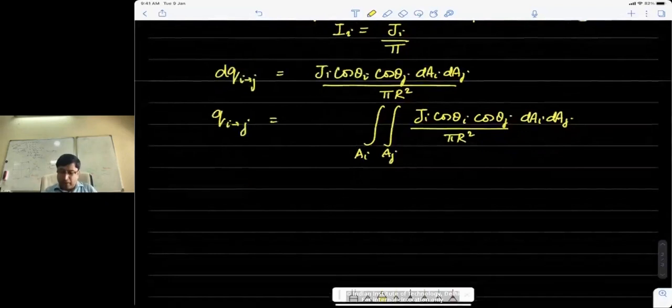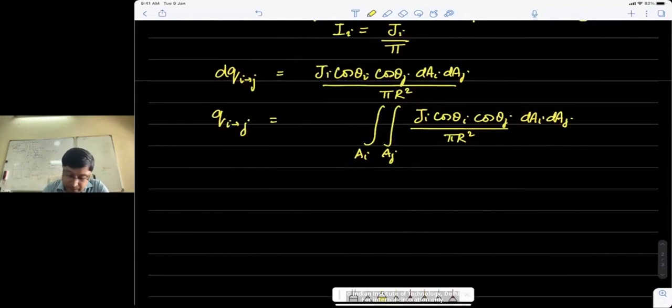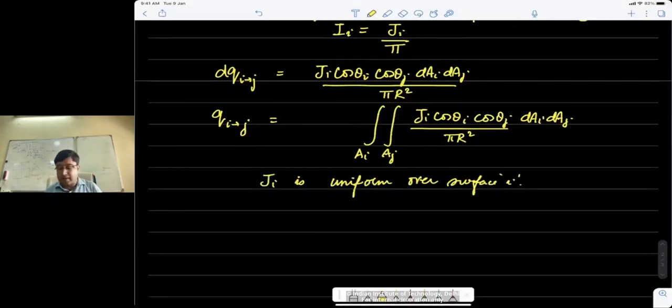And now I'll make one more assumption, which is not very critical, but will help. I will assume Ji is uniform over surface I, so I'm going to assume that surface I has a uniform radiosity. By making this assumption, I'm making Ji independent of the integral over dAi.